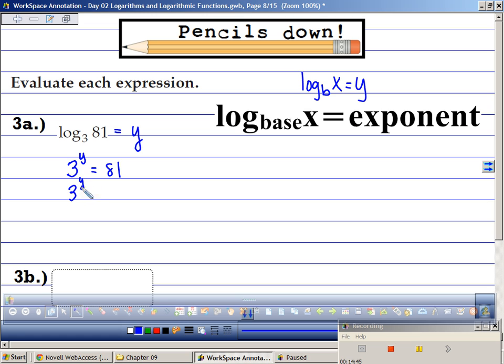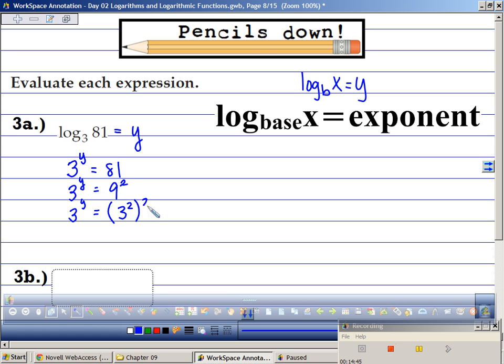So 3 to the y. Now, what do you recognize 81 being? It's a square. What's the square in there? 9. 9 squared equals 81. Correct? Then 3 to the y equals 9 squared, and 9 is really 3 what?